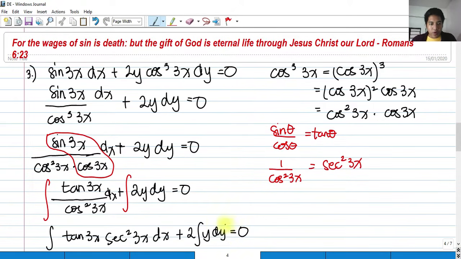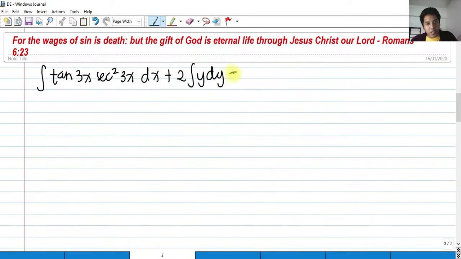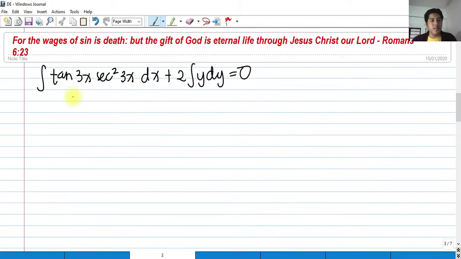So let's copy it: tangent 3x secant squared 3x dx plus 2 integral of y dy is equal to 0. We know that we can easily integrate this. The very reason why we transformed 1 over cosine squared 3x into secant squared 3x is so that we can integrate this.